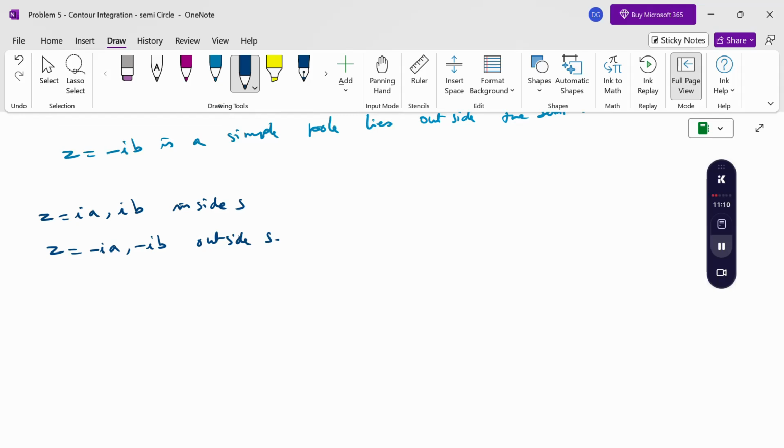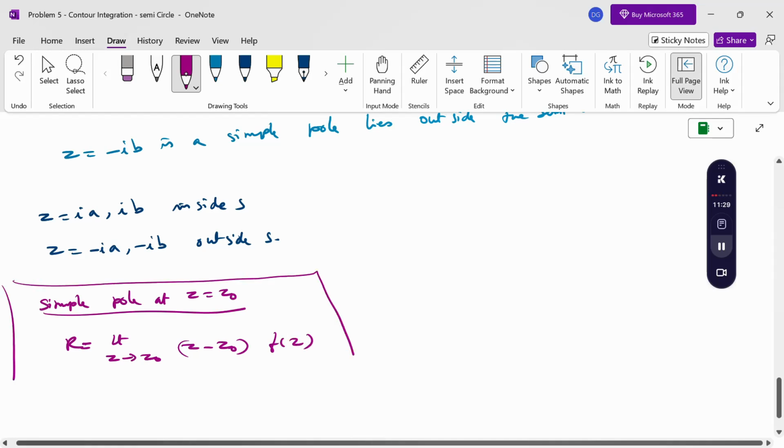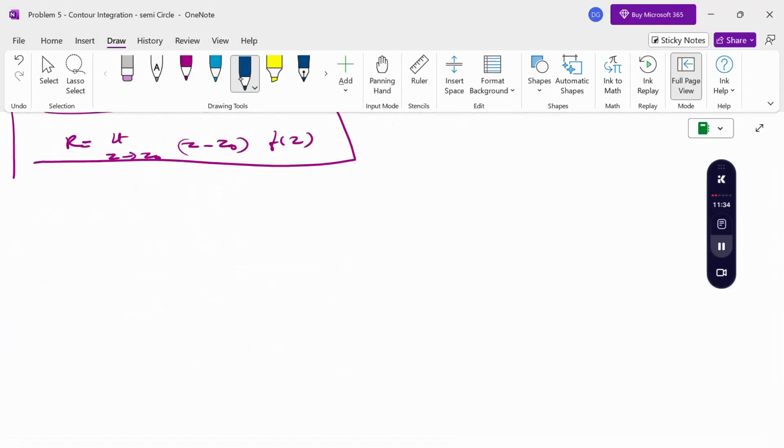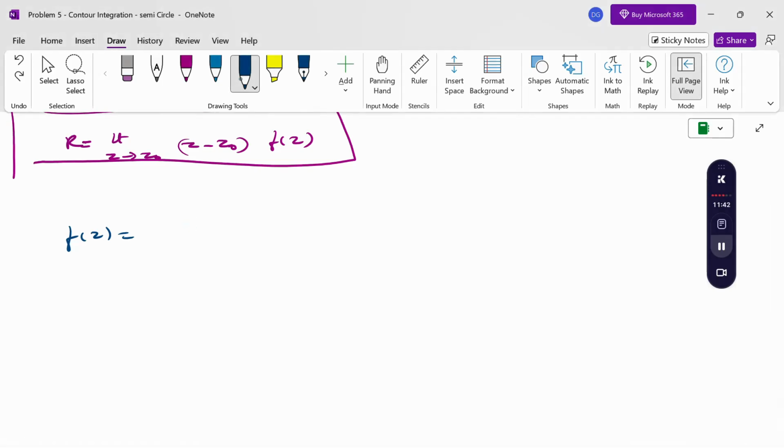So when there is a simple pole at the point z naught, the residue equals the limit as z tends to z naught of (z minus z naught) f of z. So let f of z equal to 1 by (z square plus a square)(z square plus b square).